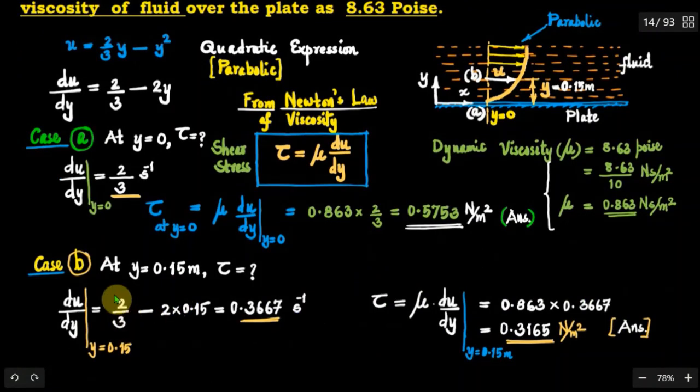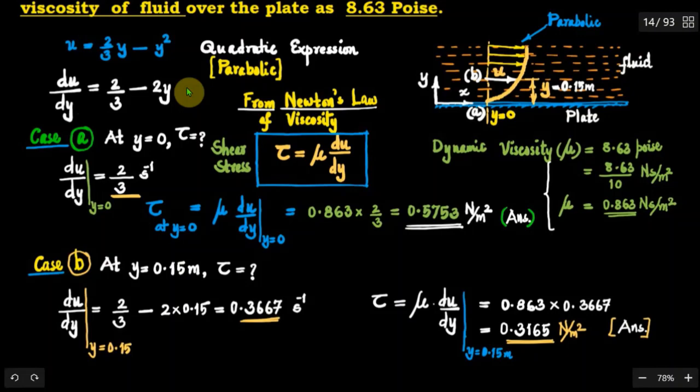Now we consider the second case. At y is equal to 0.15 meter, that is 15 centimeters above the plate, you consider a fluid layer and you have to find the shear stress acting on that layer. So how do you find it? You have to find the velocity gradient at y is equal to 0.15 meter. So that is equal to the expression for du by dy, 2/3 minus 2y.